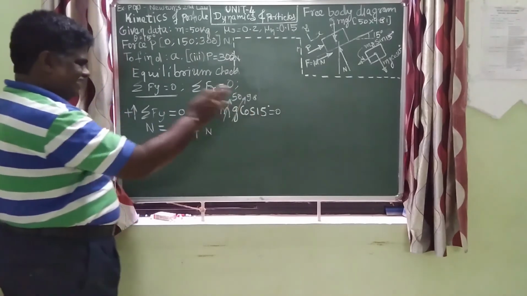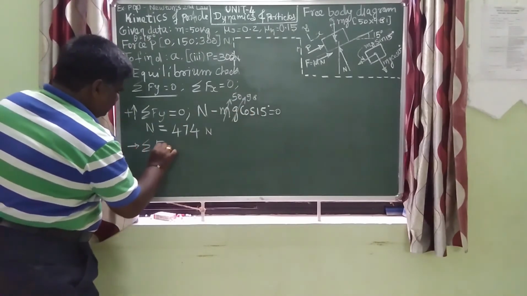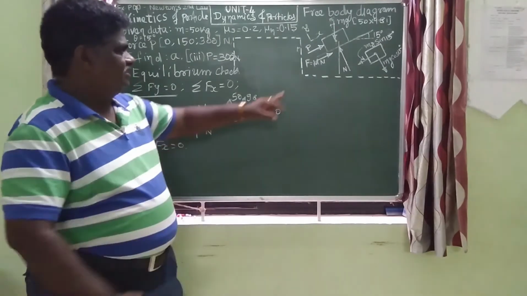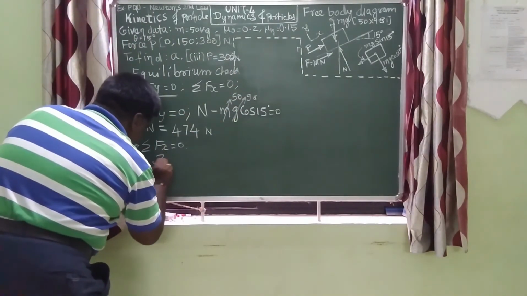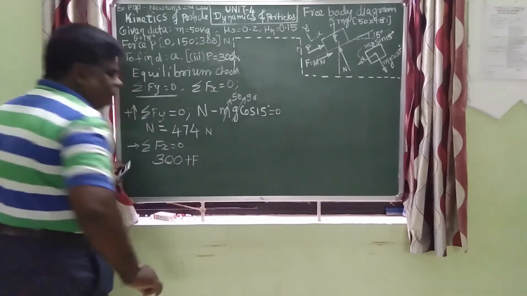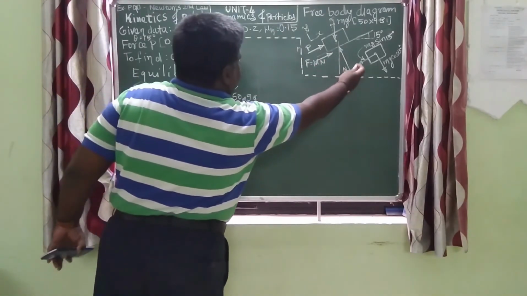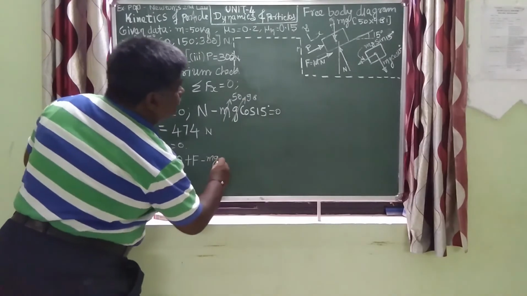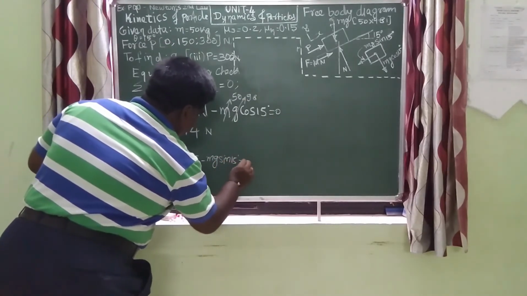Only the x direction needs to be written down. Summation of Fx equal to 0: in the x direction the external force is 300, plus F, minus mg sin 15 degree equal to 0.